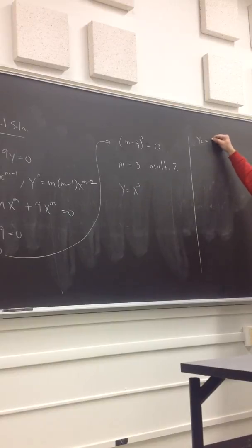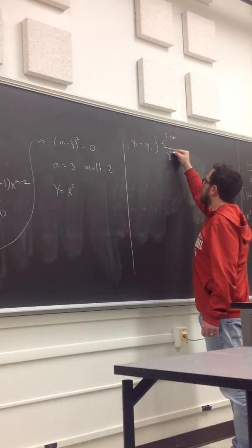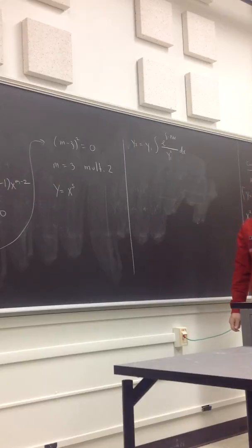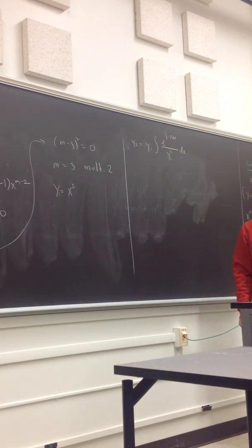It's y1 times the integral of e to the integral of negative p dx over y1 squared dx. What is p for this problem?